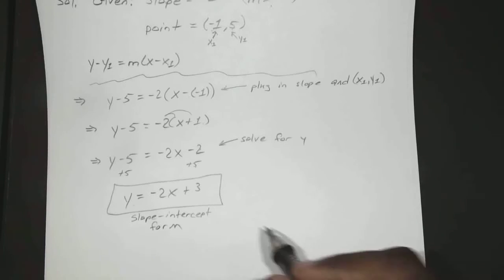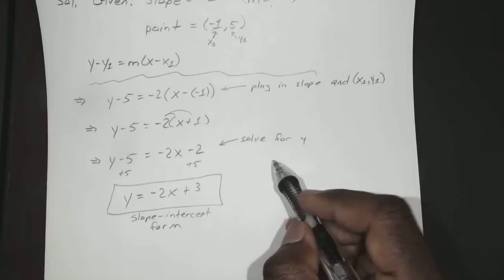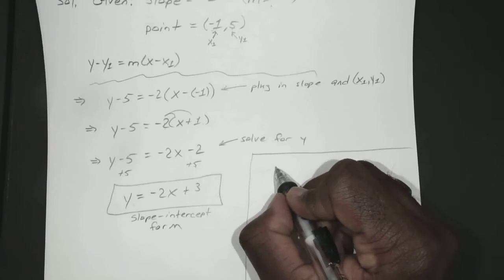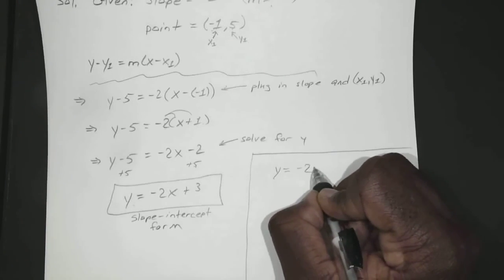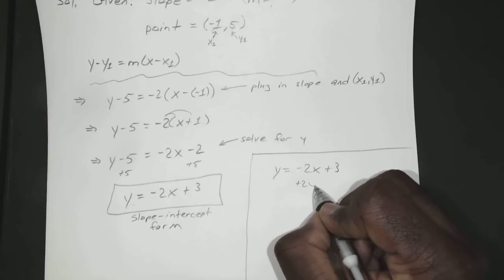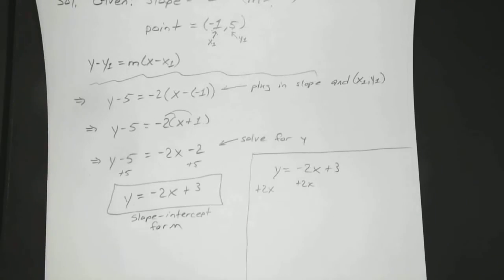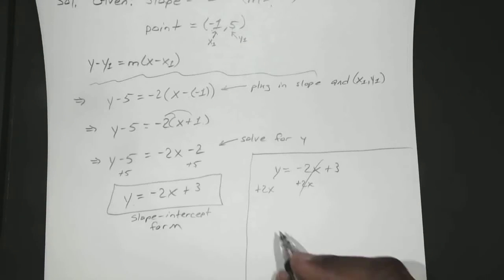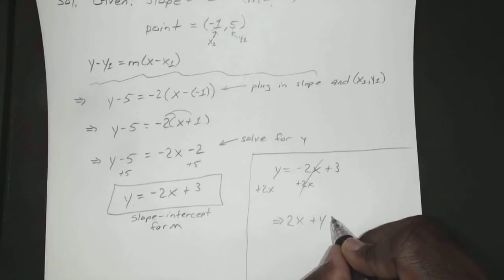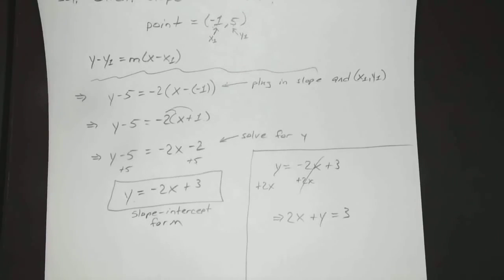Okay. So to get our standard form, I'll do that right on the side. So y equals -2x plus 3. If we add 2x to both sides, you have 2x plus y equals 3.